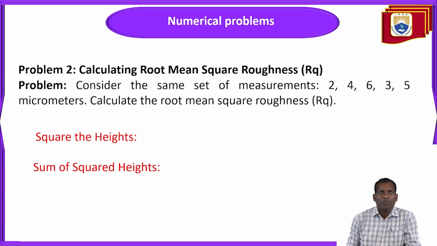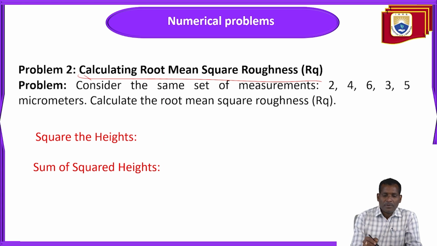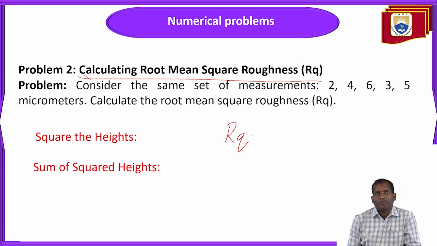So next, problem number 2. Calculate root mean square roughness. The previous one was average roughness, now this one is root mean square.